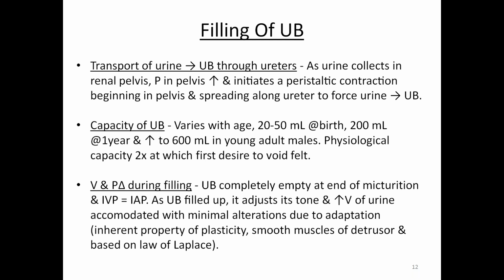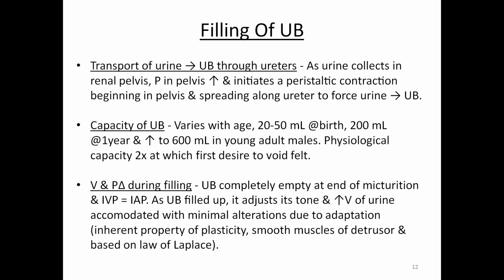Now about volume and pressure changes in the bladder during filling. The normal bladder is completely empty at the end of micturition, and the intravesical pressure is equal to the intra-abdominal pressure. As the bladder gets filled up, it adjusts its tone, and a fairly large volume of urine can be accommodated with minimal alterations in the intravesical pressure. How is this possible?